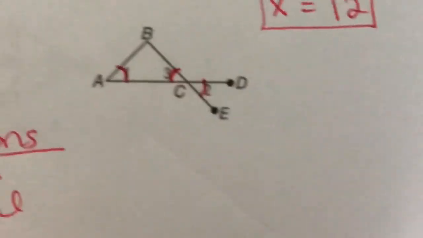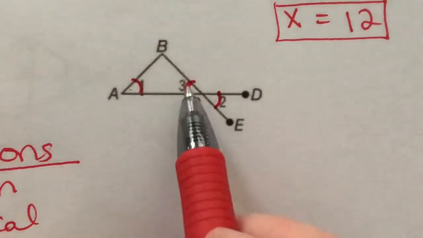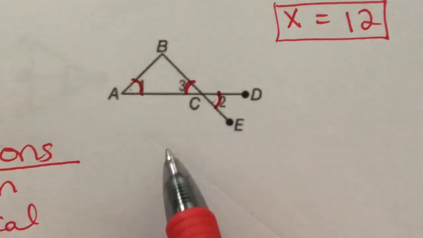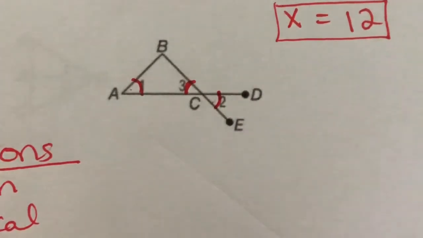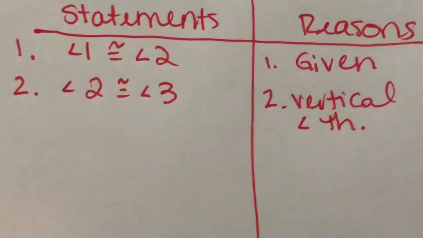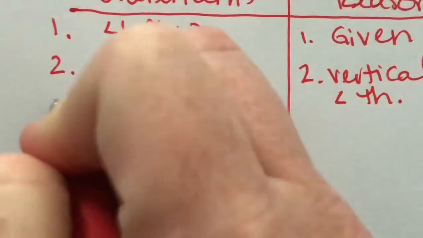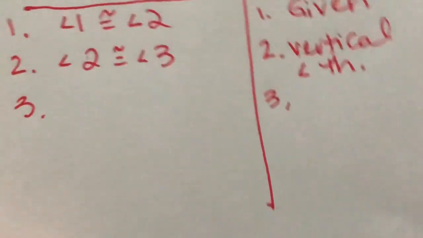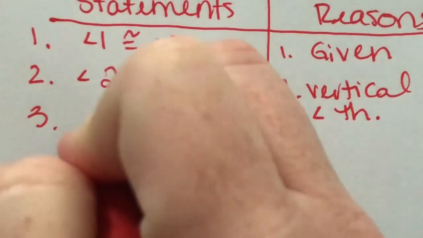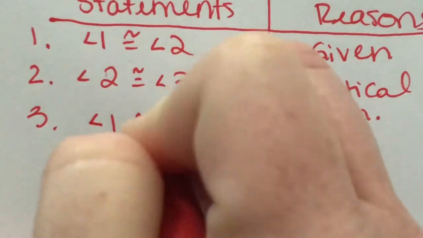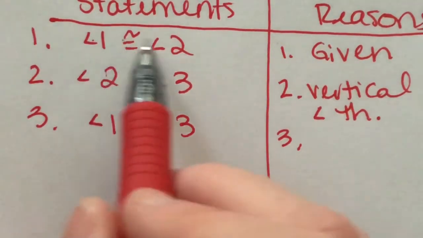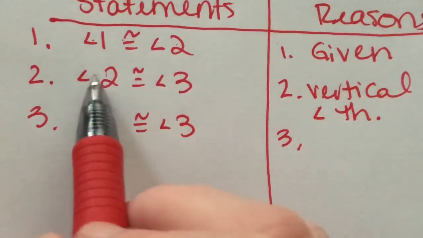So then what can I say? Well, obviously angles 1 and 3 have to be congruent, right? If 1 and 2 are congruent, 2 and 3 are congruent, then angles 1 and 3 have to be congruent. And the way I wrote it, this is actually the transitive property. Angle 1 is congruent to angle 3. Because angle 1 is congruent to 2, and then that same 2 is congruent to 3.